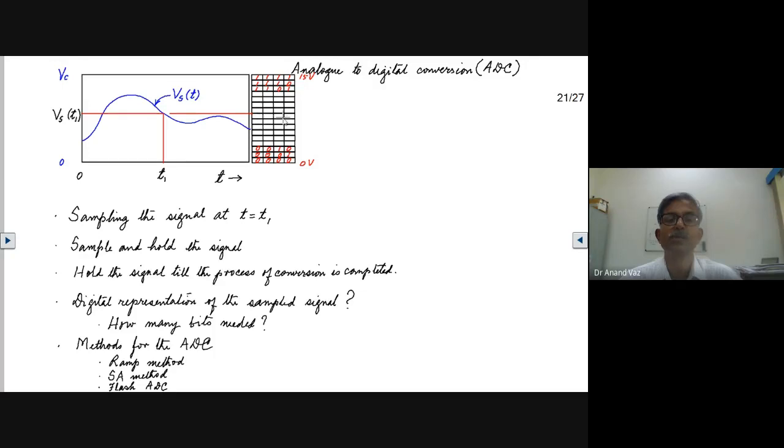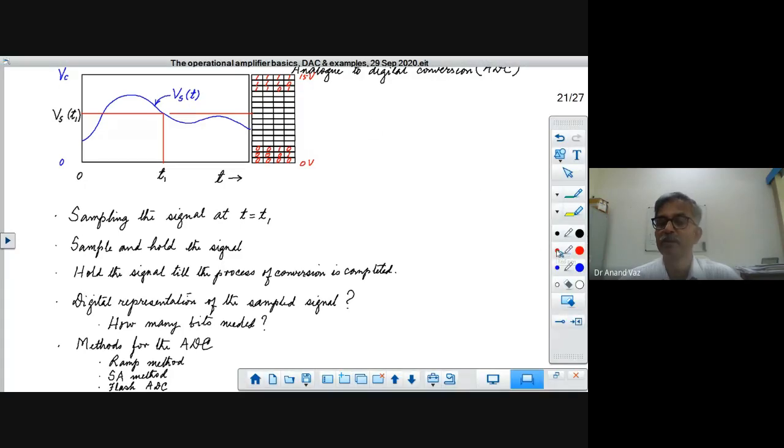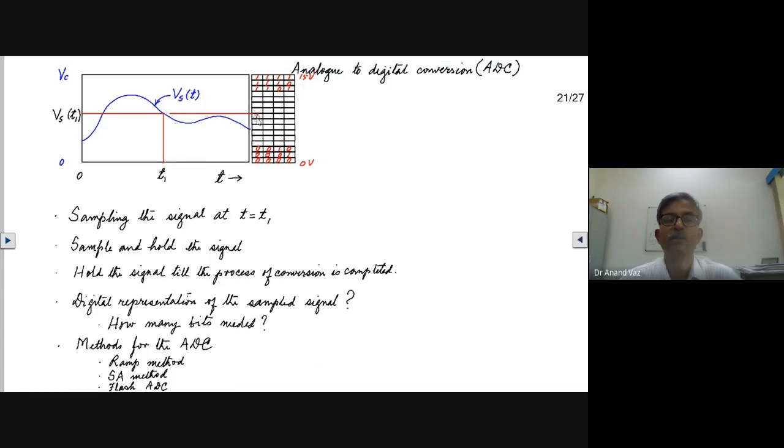Maybe it's more towards the lower level. So this is our signal. This is our digital value which corresponds to this level. So here this is 0, 1, 2, 3, 4, 5, 6, 7, 8. So 8 is 1000.